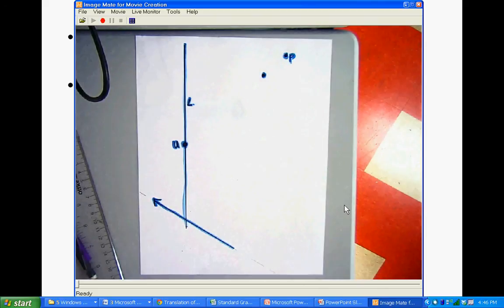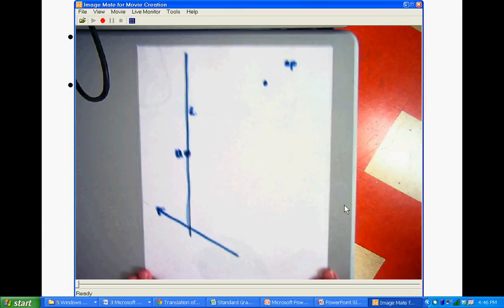Okay, so now we're going to slide the transparency along the blue vector, and notice what is going to happen with this. So by definition, the red dots and the vertical line, I have to move this a little bit.